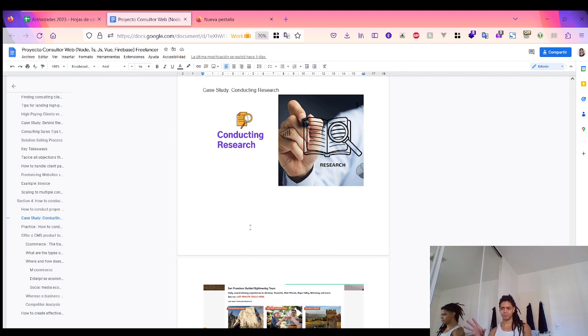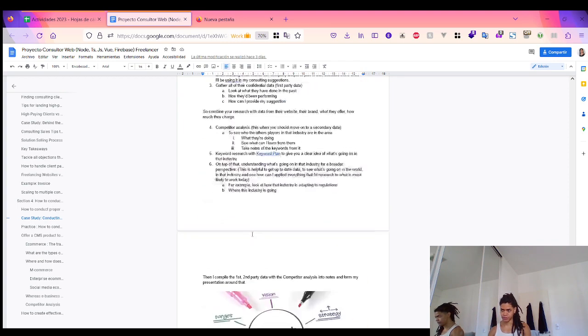To get a broad perspective and a clear idea of what's going on in that industry. Okay, and then on top of this keyword research, which is something here, right?